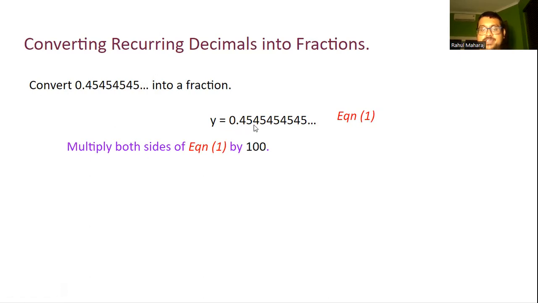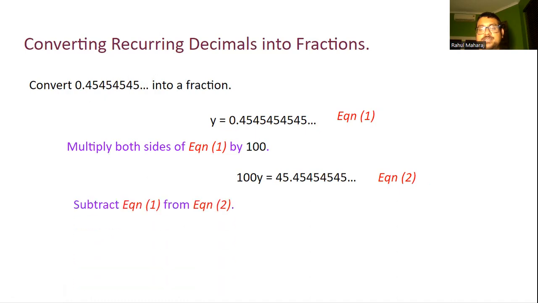So we have 100y is equal to 45.454545 recurring, and we will call this equation 2. Now, what we do next is we subtract equation 1 from equation 2, and if we do this, we will have 99y is equal to 45, y is equal to 45 over 99, which is 5 over 11.